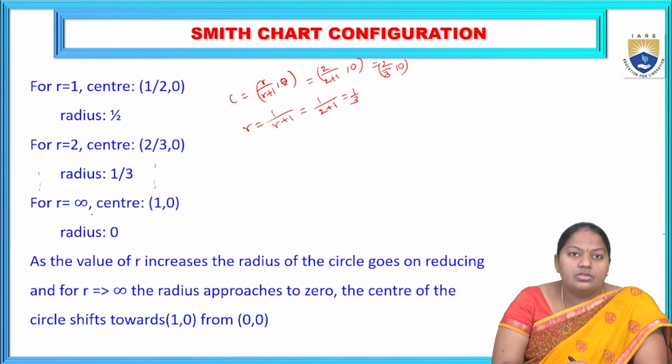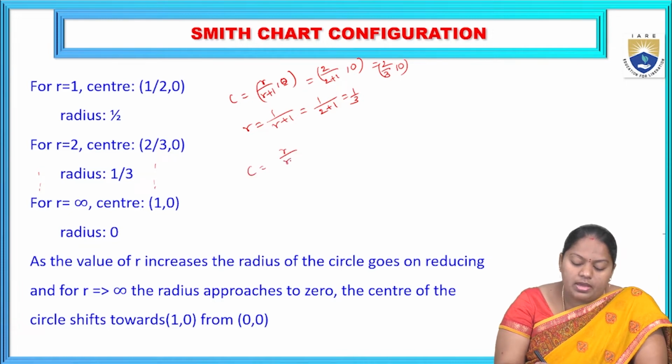If r is equal to infinity, what is the center? c equals r by r plus 1 comma 0. If in the denominator you take r as common, it is 1 plus 1 by r comma 0. The numerator and denominator r get cancelled, so 1 by 1 plus 1 by r comma 0 is the center.